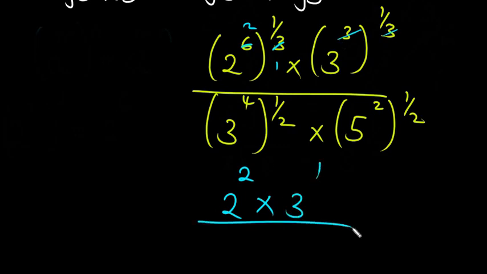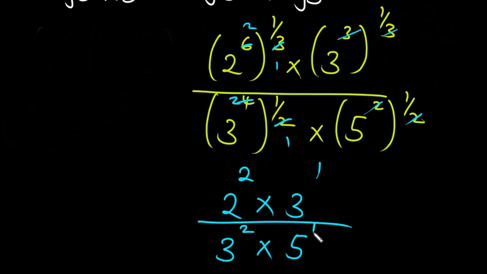And then divided by, for this one, by 2 it's 1, by 2 it's 2, so we're going to have 3 squared, and then times 5 squared times a half, so this one will cancel, and we're going to have 5 to power 1.